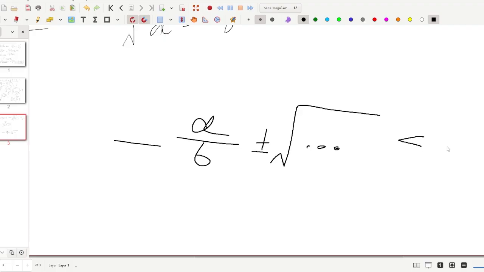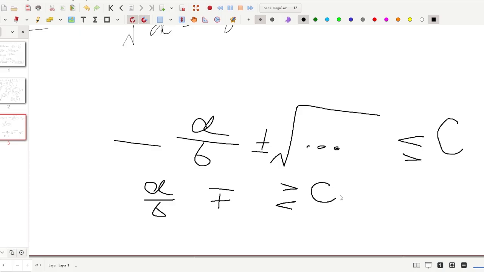And the thing is, when we work with the stuff of this form, I can just multiply it by negative 1 and get basically the same thing, but with a bunch of signs reversed.